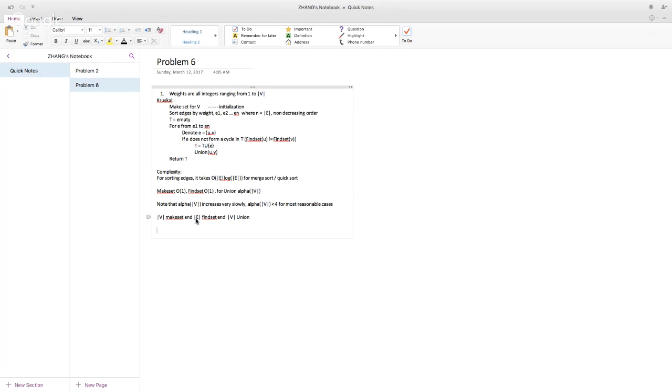So V make set, E find set, and V union take approximately O(V plus E). And now we see the bottleneck is the sorting part.